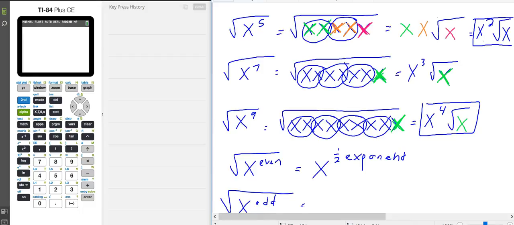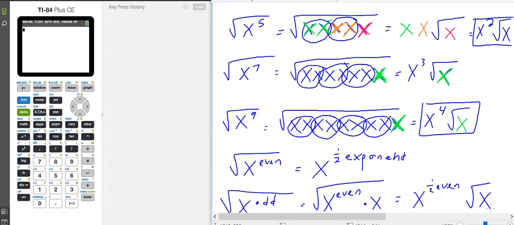We rewrite the problem as the square root of x to the even exponent right below that odd exponent, times x. Then we take 1/2 of the even exponent and we bring it outside, and we leave the square root of x inside.